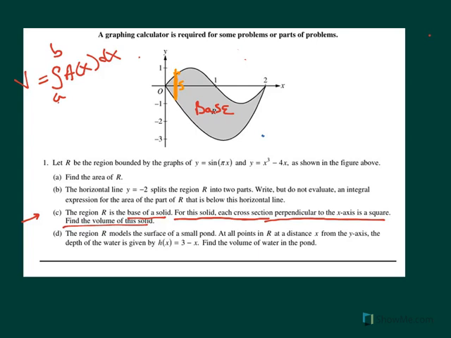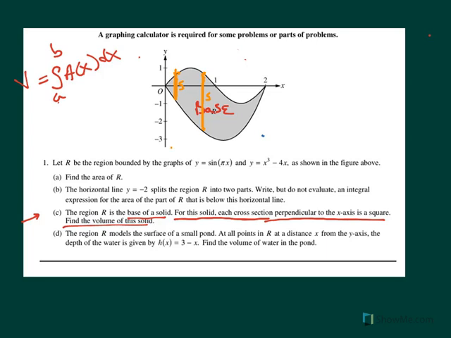Somewhere else in the figure, maybe from here to here, you're going to have a side length S that's this long, and it's going to go across the figure, come up that tall, over and back down, and you're going to make a cross-sectional square at that point on the figure.